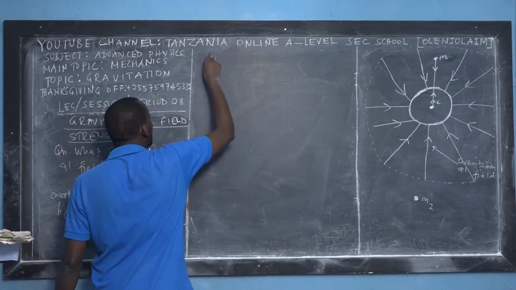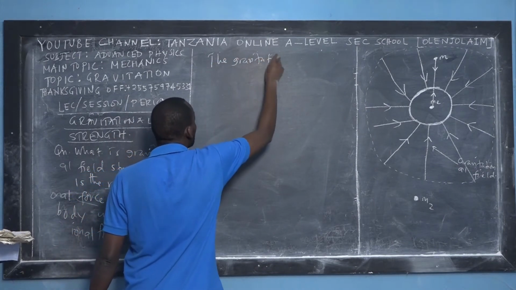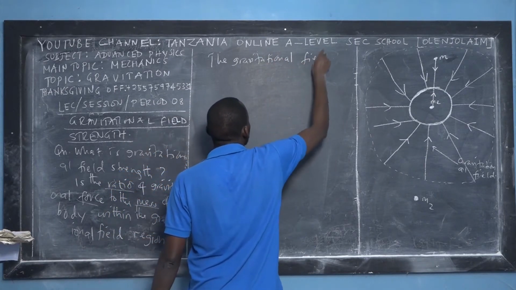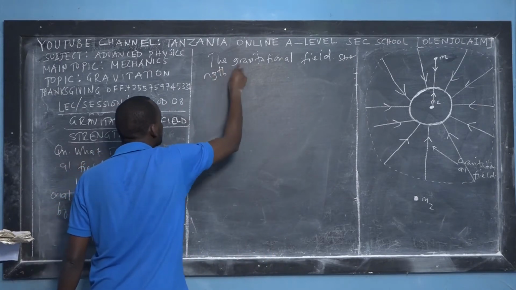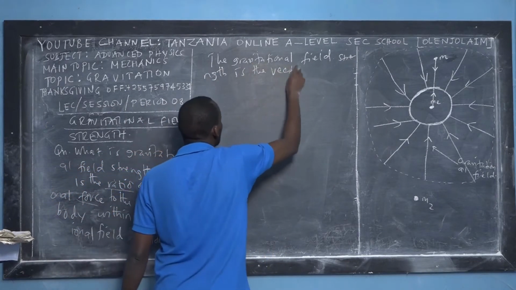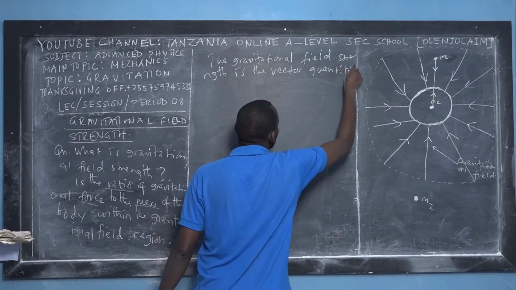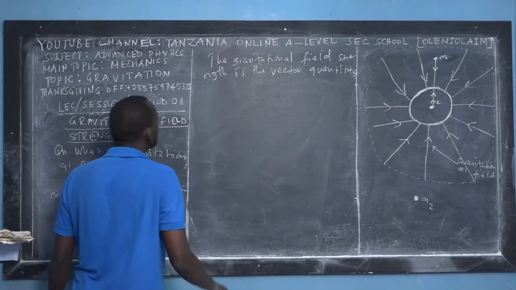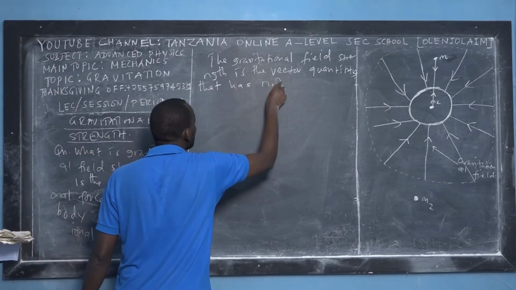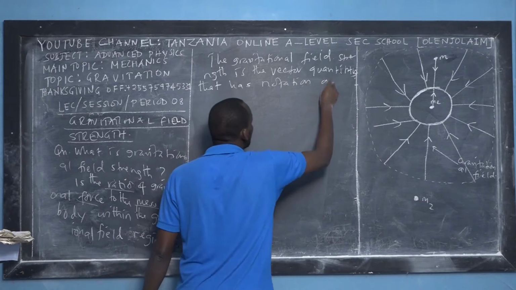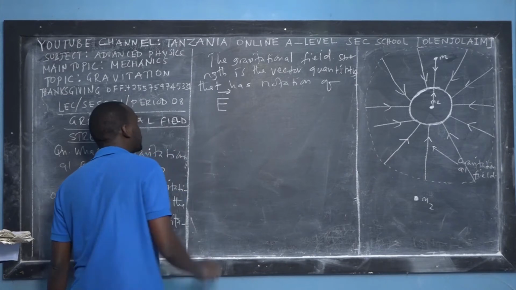So the gravitational field strength is a vector quantity that has this notation. This is the notation for gravitational field strength.